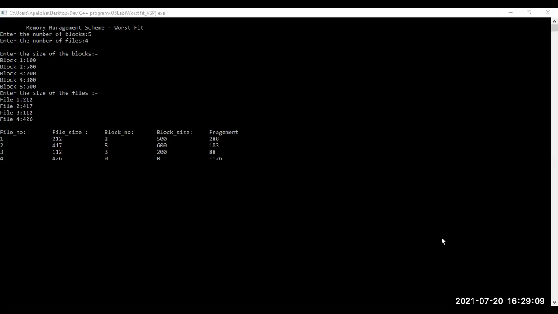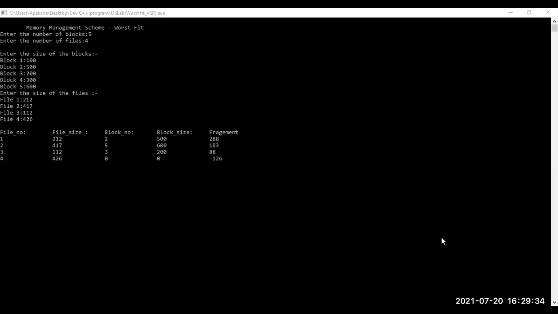So the first process is in block 2. But it should be block 5 now according to the process. It is the first process, and first means largest enough.